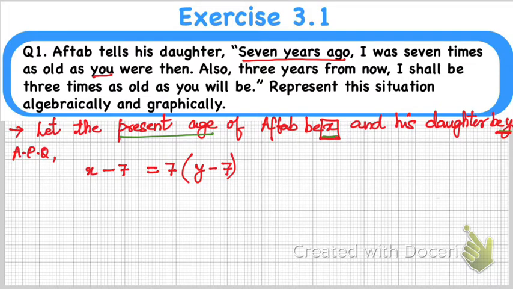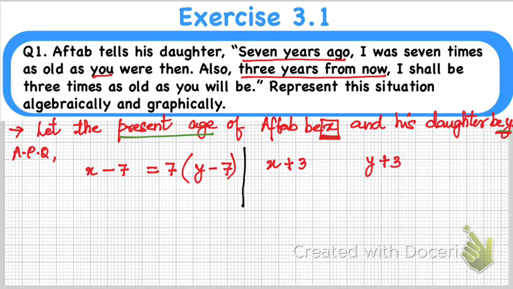Okay. The second equation is that he also says that 3 years from now, means 3 years from the present age. So since the present age is x, 3 years from the present age will be x plus 3 for Aftab and his daughter will be y plus 3.